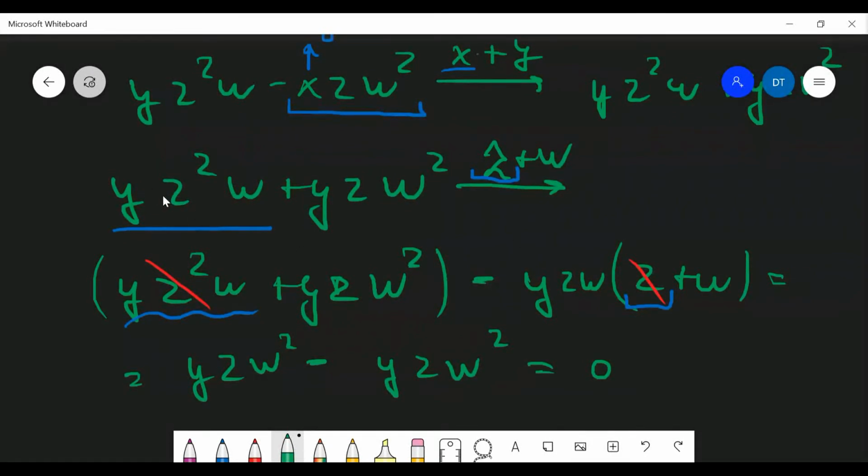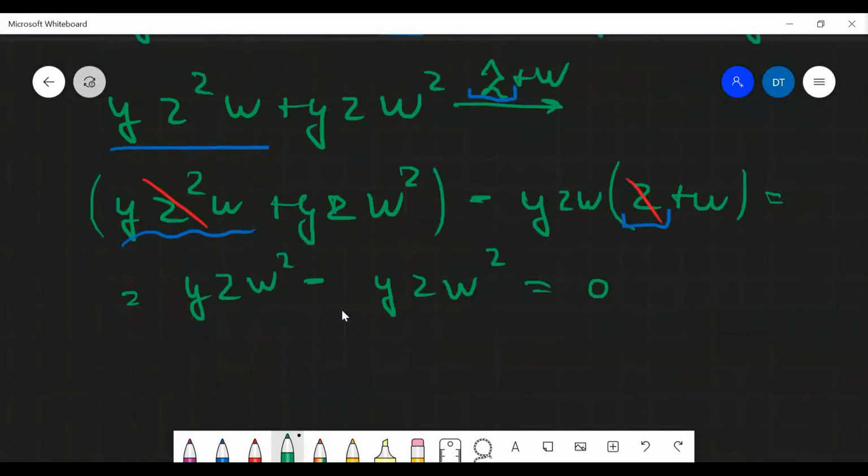The other copy of z, as you can see here, remains the same. So we're not substituting minus w instead of z here. We just factor out one copy of z and replace one copy of z by minus w, and the other part of the expression remains the same. So this is what happens here. And as you can see, the remainder is 0.